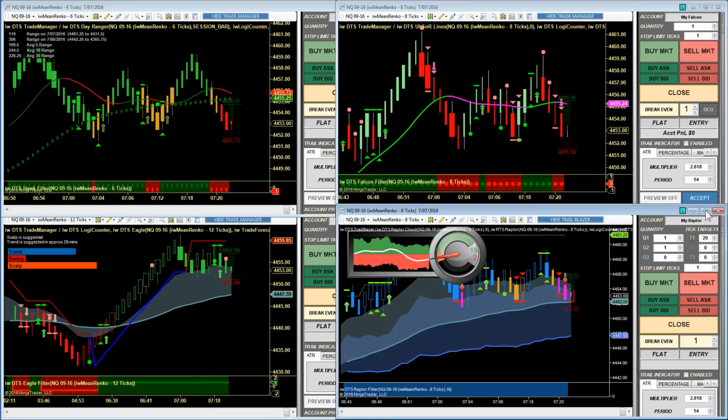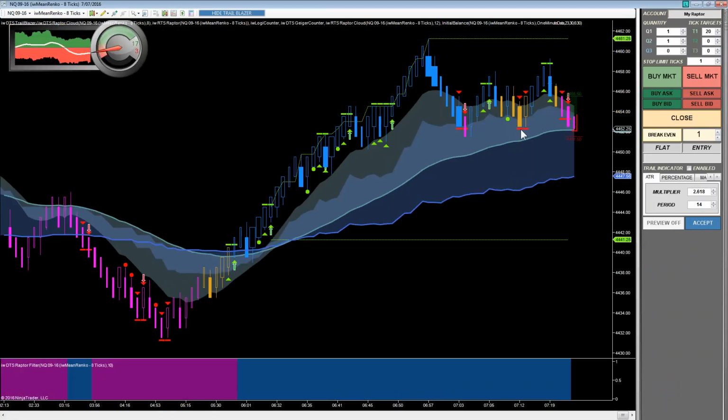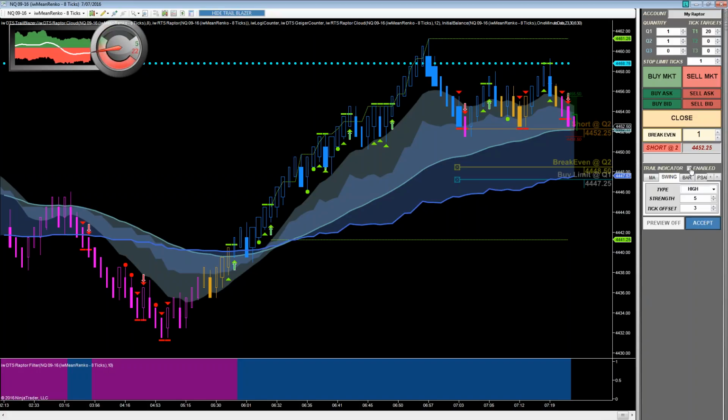Getting a soft edge sell here on the Raptor. So we got the soft edge sell signal right here. You could just try to jump in. Stops need to go above the highs. Oh, that's not close enough or far enough.